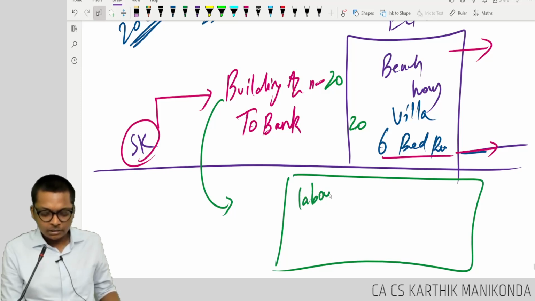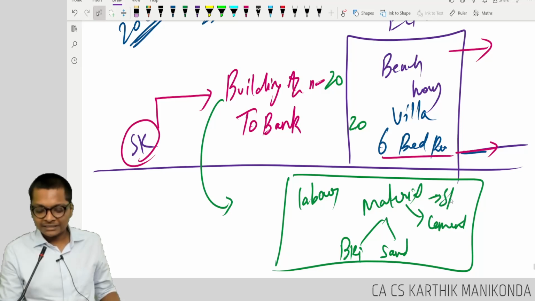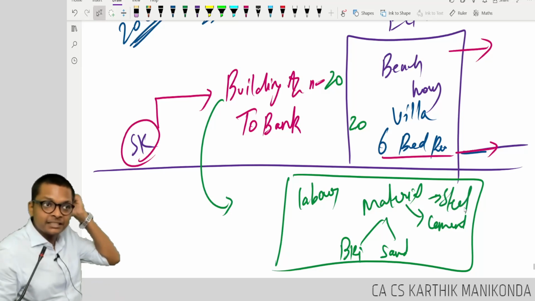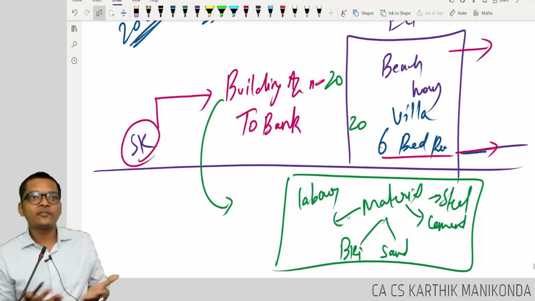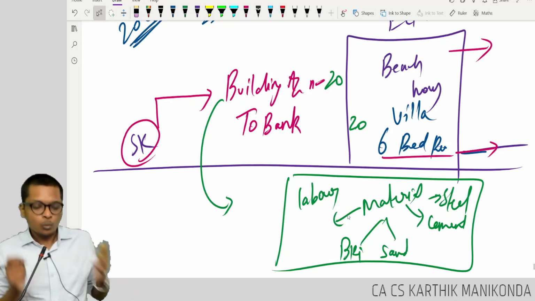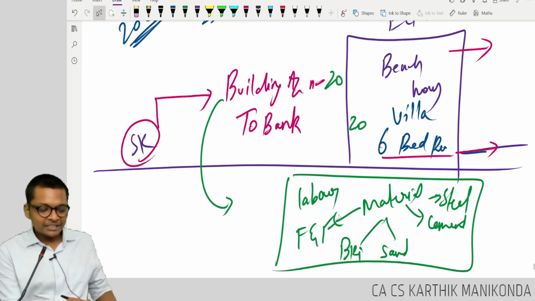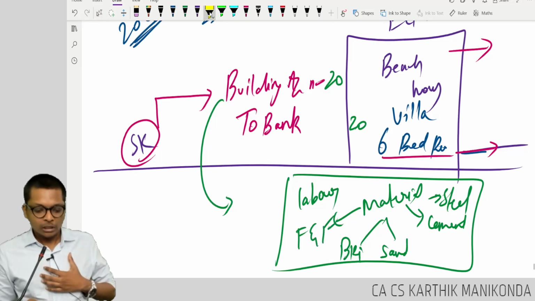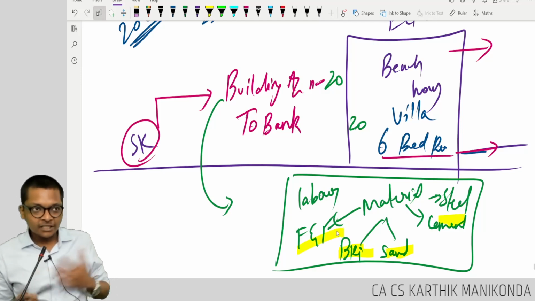Labor charges, then materials in the form of bricks, then sand, cement, steel, all of this. Correct? Anything else? Then he might also need flooring, wooden flooring he asked, marble flooring, whatever he wanted, furniture and fittings. So I'm just giving you a few examples. L&T only will purchase the bricks, sand, cement, furniture and fittings.